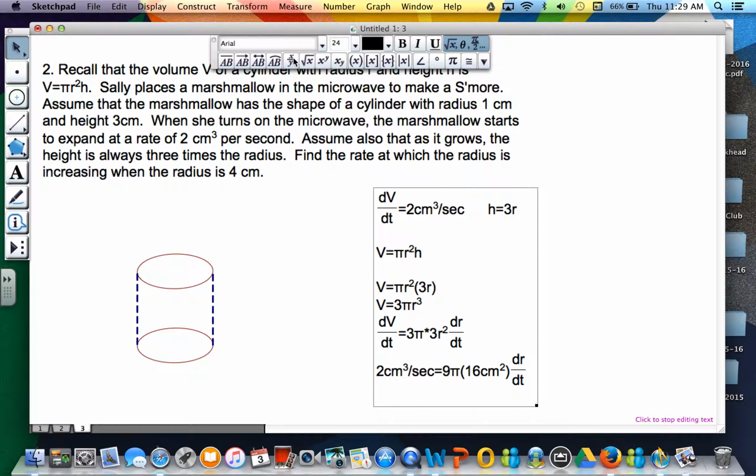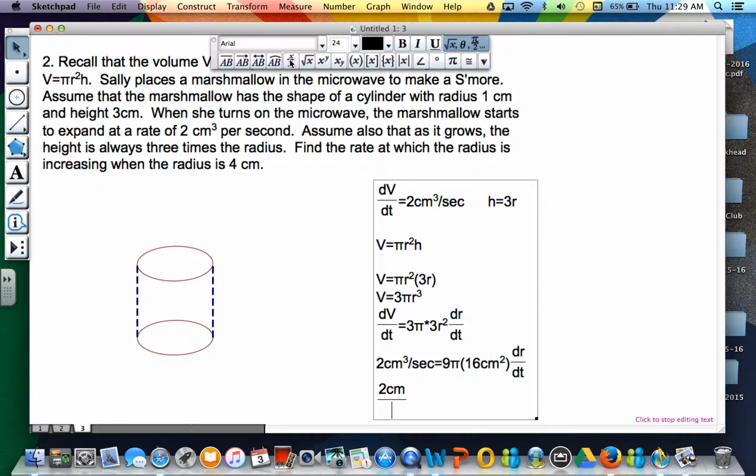So this dr/dt is just equal to 2 centimeters divided by 9 times 16 pi. Okay, so I guess I could say this is going to be 9 pi times 8, so that's 72.